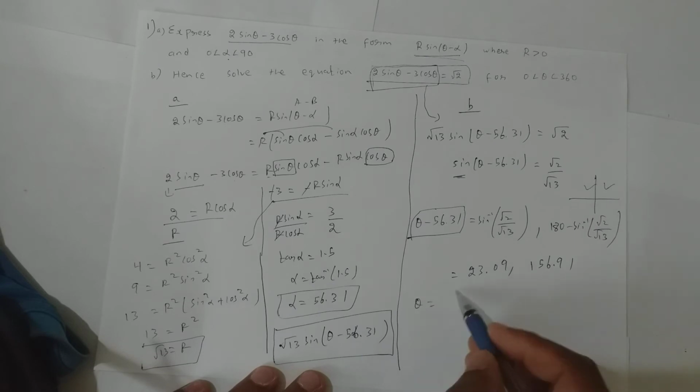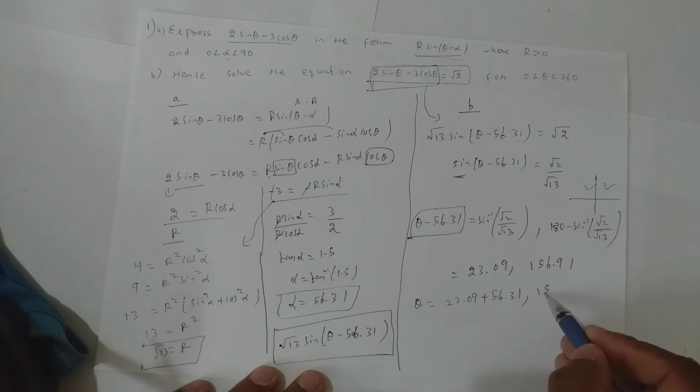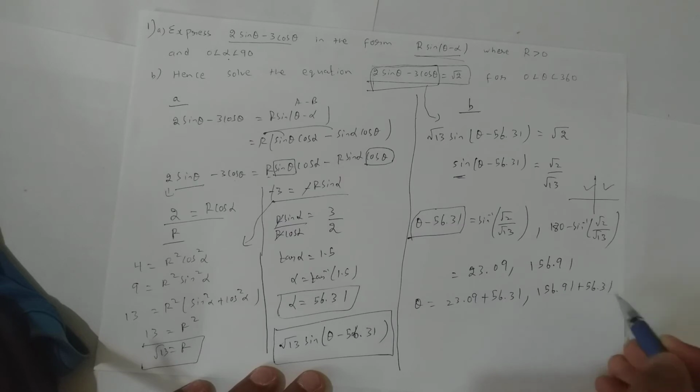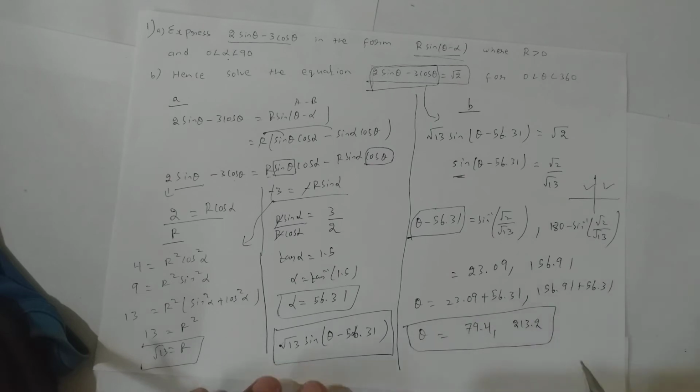So now theta equals 23.09 plus 56.31, or else 156.91 plus 56.31. So here I get 79.4 and over here I get 213.2. So these are the values of my theta. Am I clear? Let us see one more sum of this type.